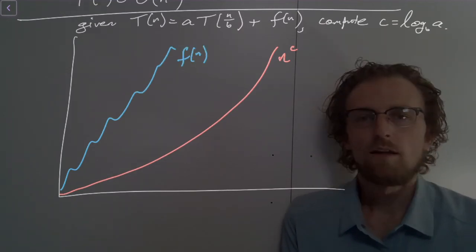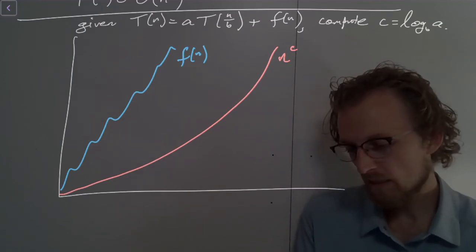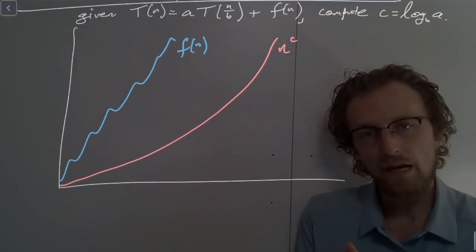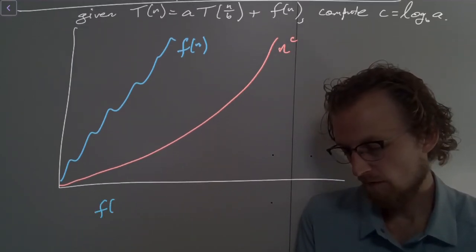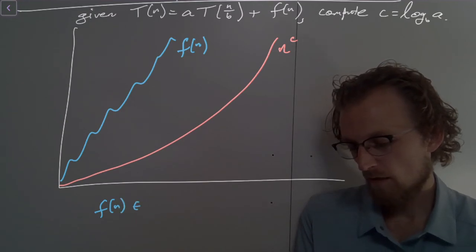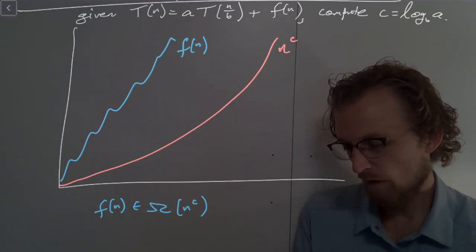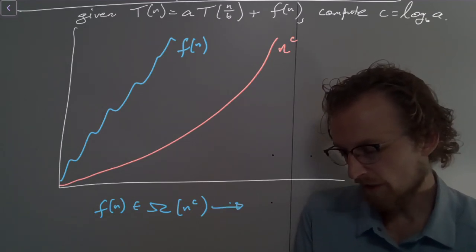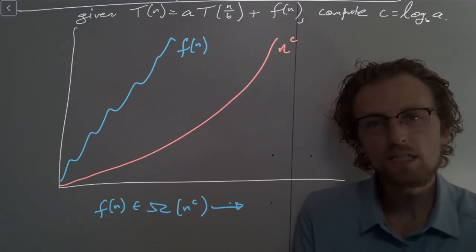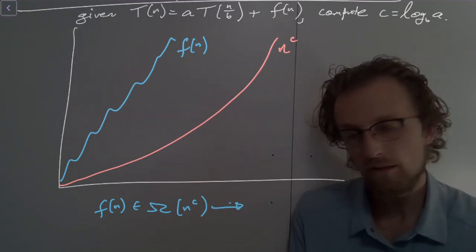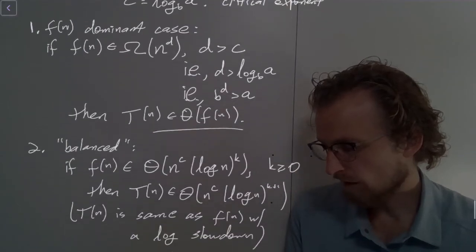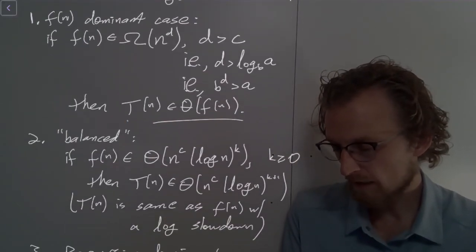What does that mean? Essentially, that means that f of n is big omega of n to the c, right? So if f of n is big omega of n to the c, then what does that tell us? Well, that tells us this is the case that the overhead is dominating. So then we look back at the theorem and we say, what does it mean if the overhead is dominating?